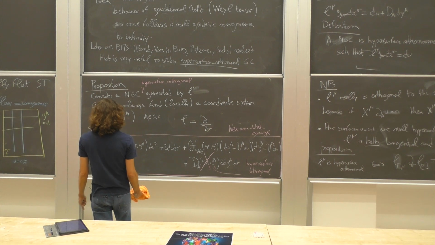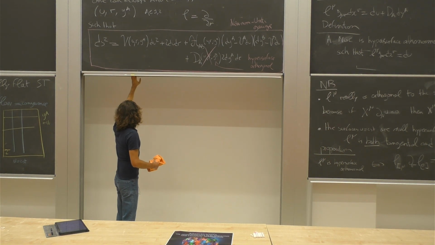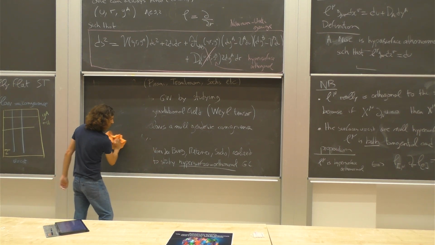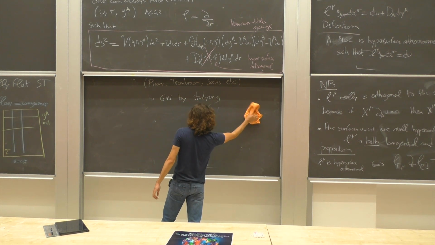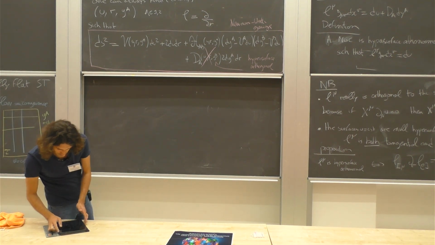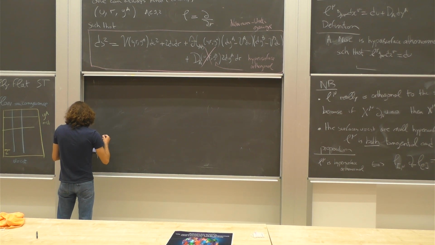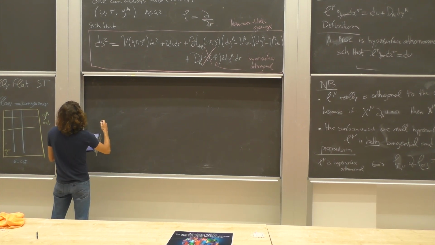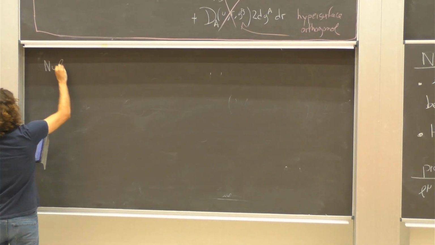So we want to compute some invariants of this congruence. So we need a bit of tools to construct stuff. So we will need a null tetrad.